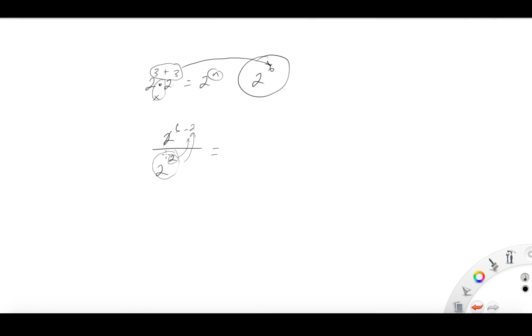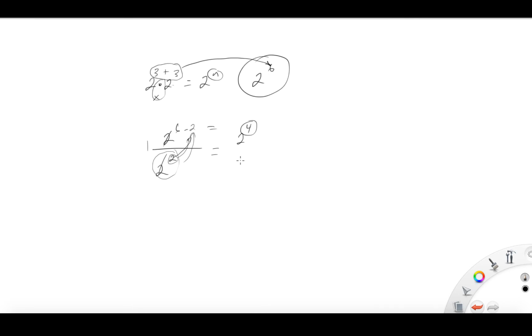So it is 2 to the 4th power, because 6 minus 2 equals 4. And so we're moving this exponent up. That's all that we're doing. We're just changing that exponent to make that happen.